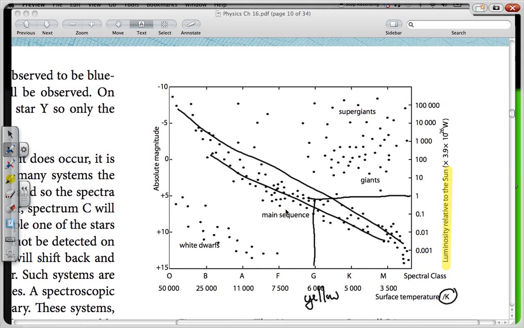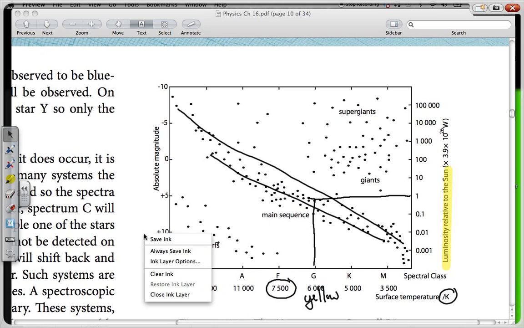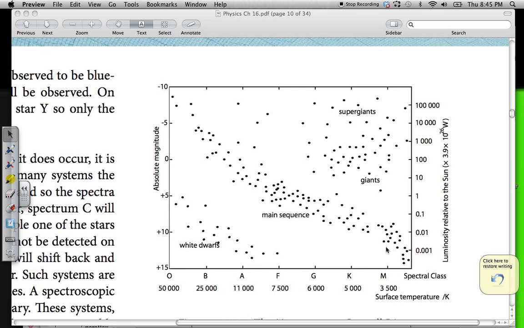Now, scientists have been able to, by looking at different types of stars, looking at their color and consequently their temperature from Wien's law, put them into this graph. And this, as I said, has proved really important. Now, we're going to discuss this over here later on. I haven't actually discussed this idea of absolute magnitude, but this is the apparent magnitude as if the star were 10 parsecs away.